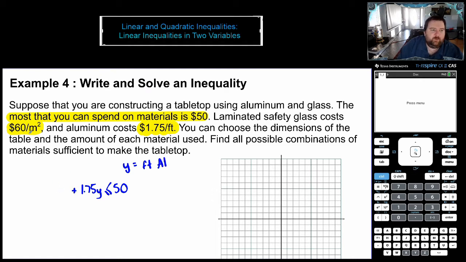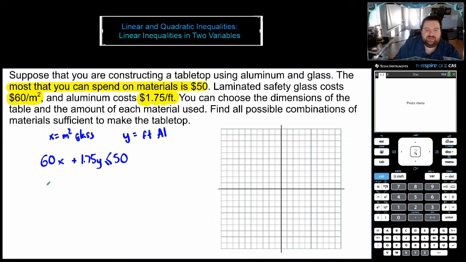And we want $60 per meter squared of glass, so we'll just do 60x, and x is our meter squared of glass. So our x-axis is going to be meter squared of glass, and our y-axis is going to be feet of aluminum. But just like in previous problems, we want to isolate y.